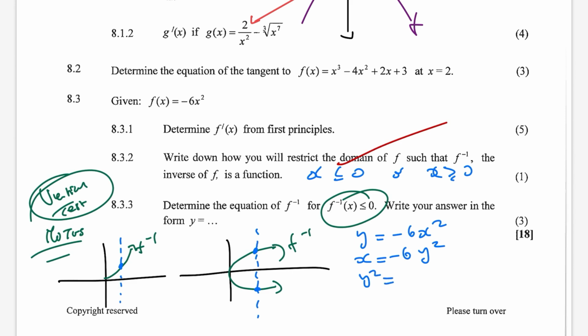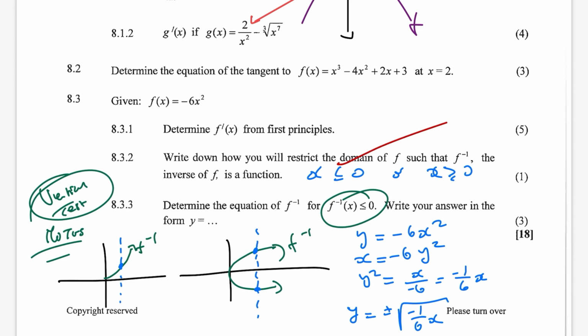So you have y squared is equal to x over negative 6, which could be written as negative 1 over 6x. That's the simplest way of writing this. And then you take the square root, so y is going to be plus or minus the square root of negative x over 6. What did they say?